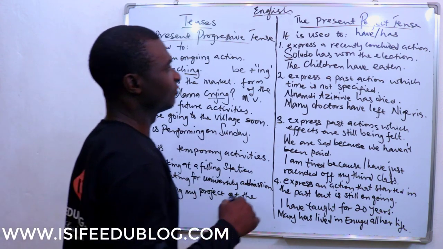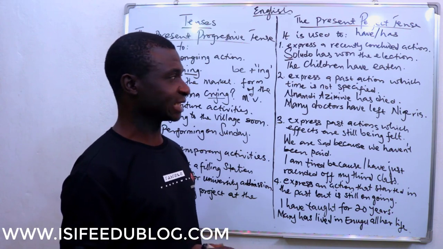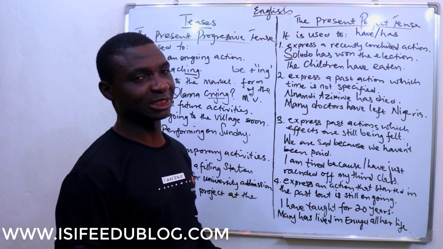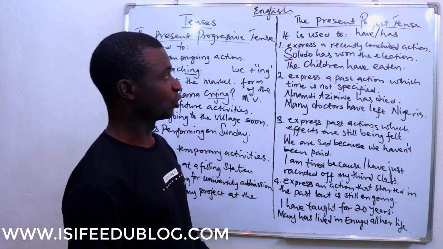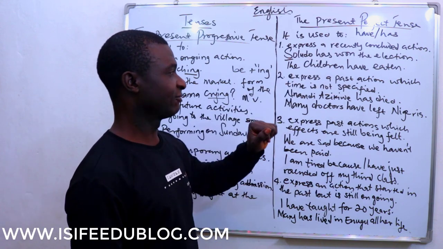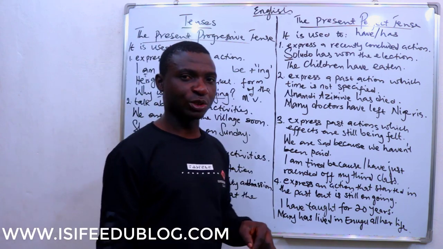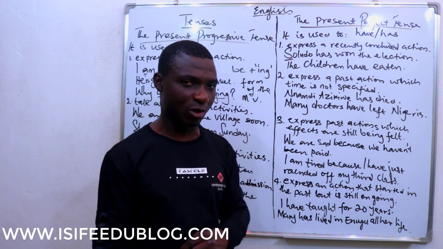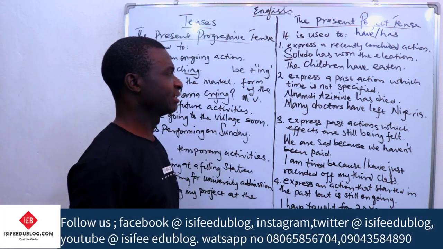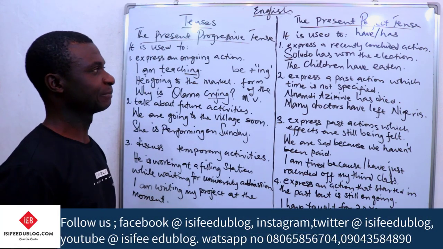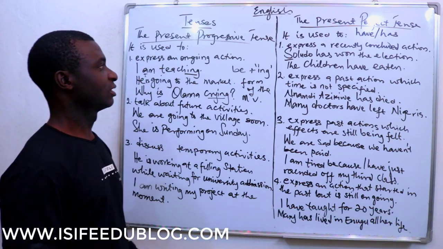Remember, the verb have, whether it is in the present or in the past, takes the past participle form of the main verb. So when we use have or has with the main verb, which is in the past participle form, we will have the present perfect tense. Has and have.